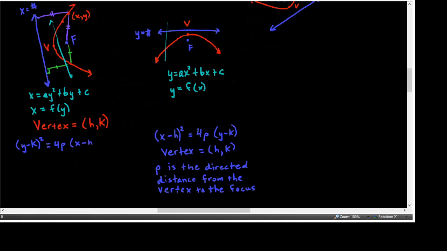Notice that the x coordinate is with x and the y coordinate is with y inside of those parentheses. Okay? And as it says right above there, the vertex is (h, k), and as I said, to the right, p is the directed distance from the vertex to the focus.